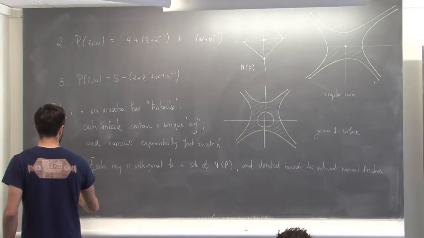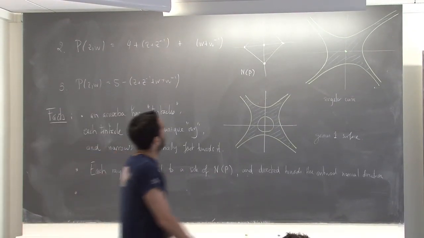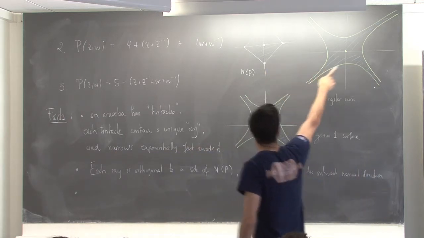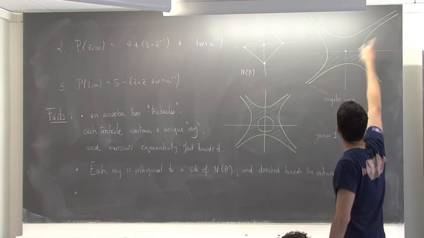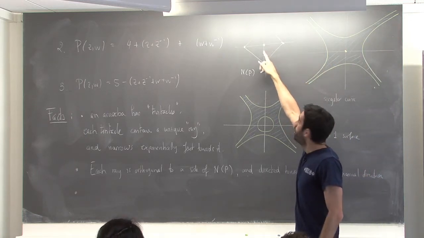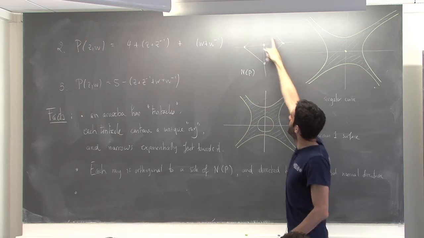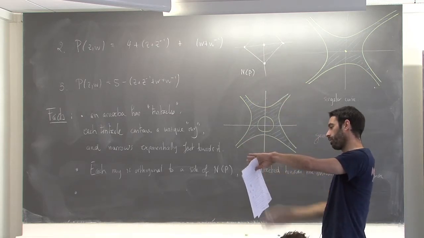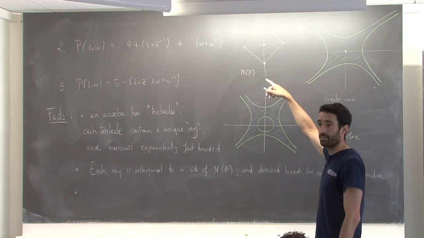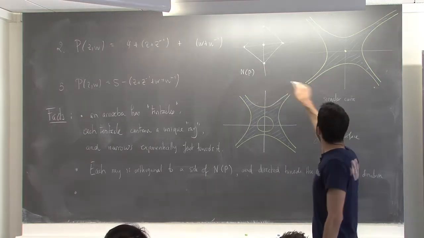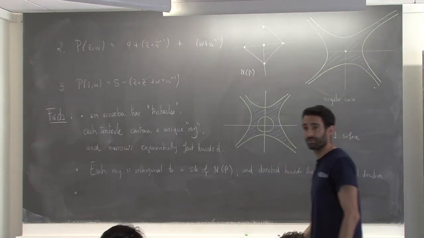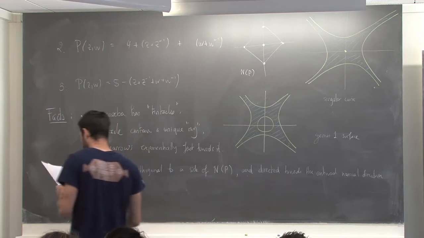Now, how many of these do we have? Well, these examples are a little bit too simple. Here you see that we have 1 tentacle for each side. But in general, the sides might intersect the Z2 lattice in a certain number of points. And the maximal number of tentacles is exactly given by this number of points. So let me be more precise.